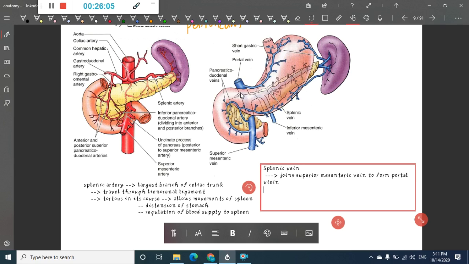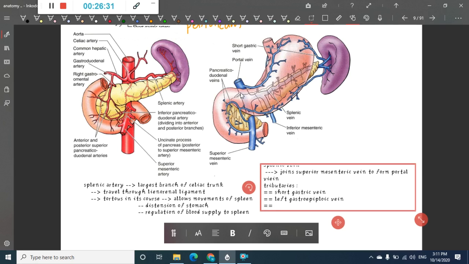If you were asked about the tributaries of splenic vein, they mainly include the short gastric vein, which drains the fundus of the stomach. We have left gastroepiploic vein, which drains the greater curvature of the stomach.